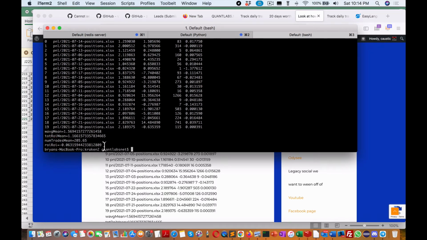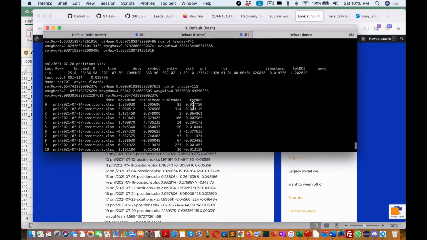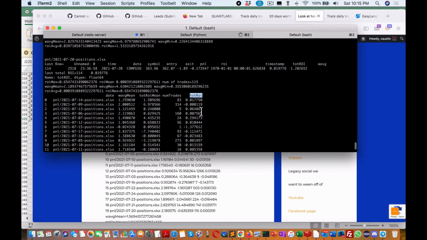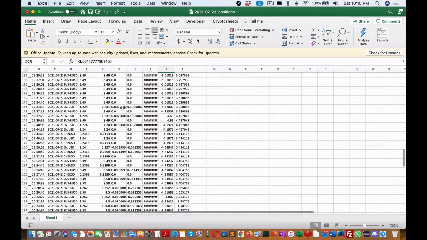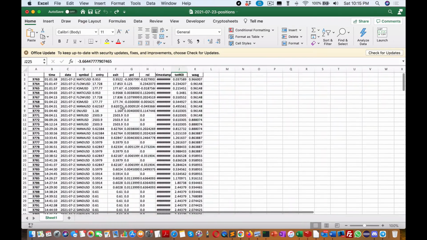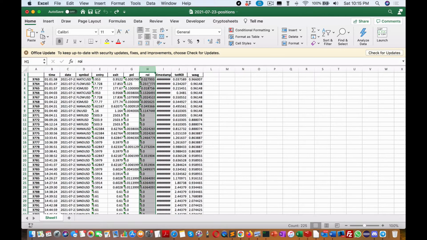Then we're able to calculate not only that, but it's very important to know the total average per move. If you're calculating this, you have your entry, exit, your P&L, and then this ROI for each position.